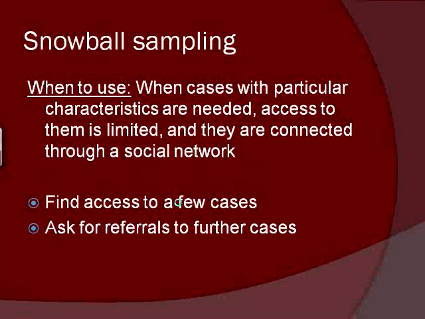Next, we have snowball sampling. Sometimes we are interested in studying populations that are very difficult to reach. The access to them is limited, but members of the population are connected through a social network. A good example of this might be somebody interested in studying former prostitutes.